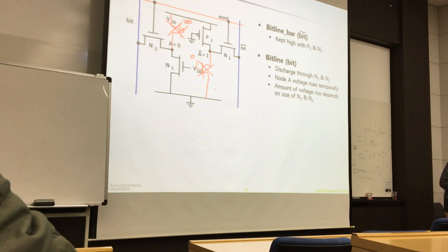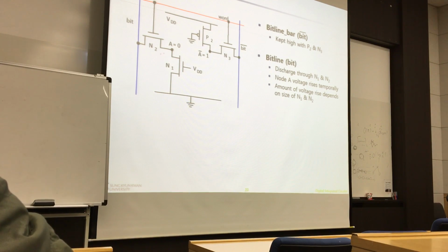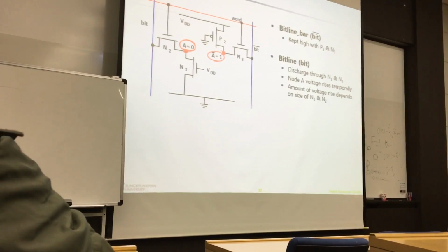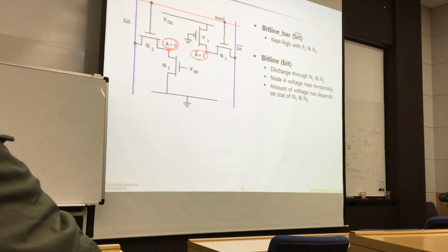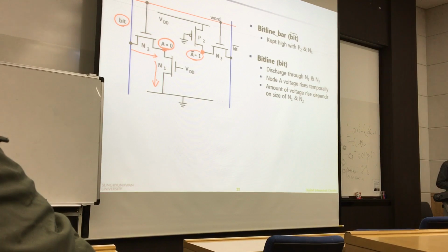So let's get rid of those and make a simpler diagram like this. Then, assuming we are initially storing 0 on the left side and 1 on the right side, again we are discharging bit line through N2 and N1.